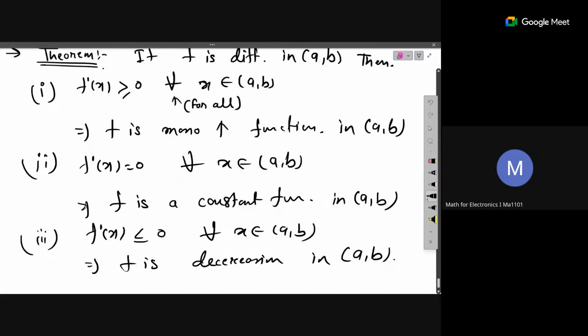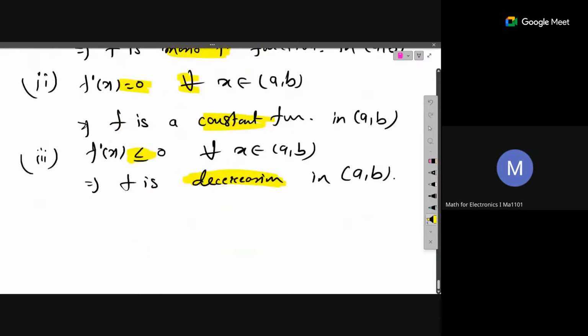It's simple: we are just observing the sign of the derivative and concluding the monotonic behavior of our function. Greater than or equal to 0 means monotonically increasing, and again, for all x, not for just one particular x. If it is equal to 0, it's a constant function. If it is less than or equal to 0, it's a decreasing function.